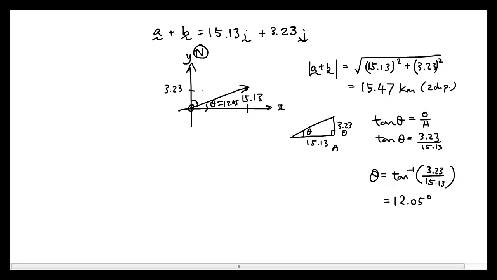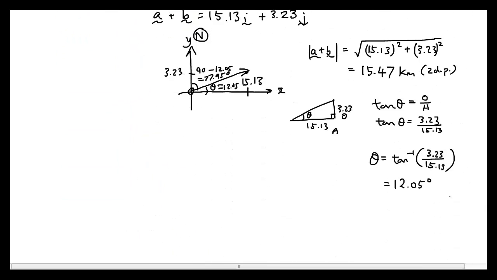So we want to find this angle by going 90 minus 12.05, which is 77.95 degrees.